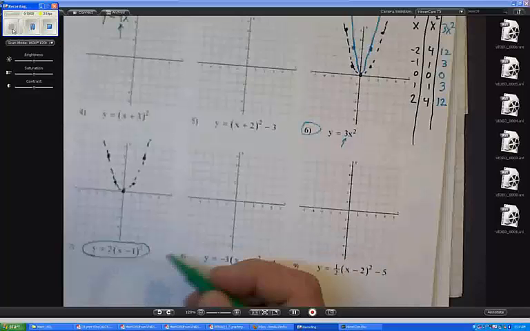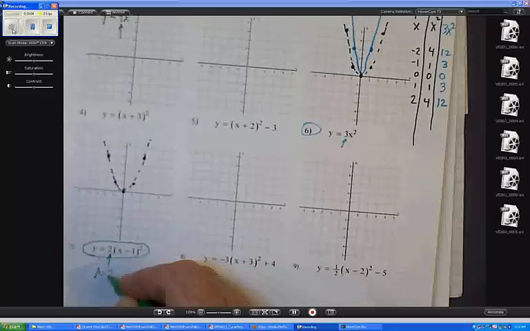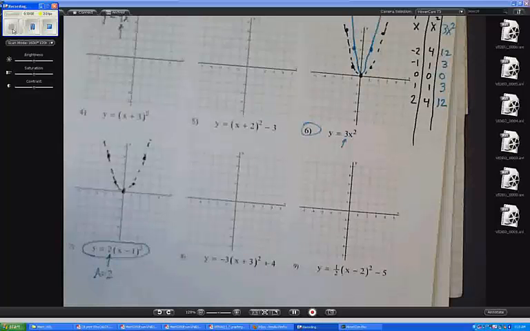So what letters are involved? Well, this 2, what letter is that? A is 2. And that corresponds to what? That's vertical because it's outside the parentheses. Vertical what? Scaling. And what about this 1 here, or this minus 1? What does that correspond to?